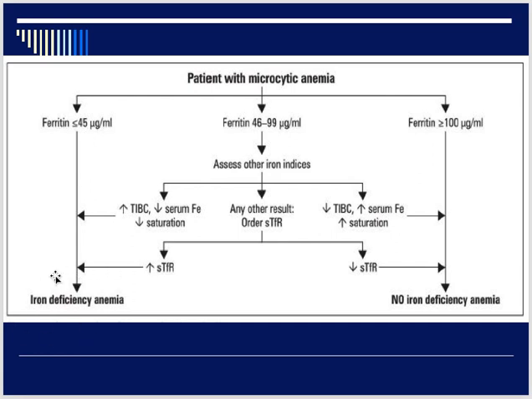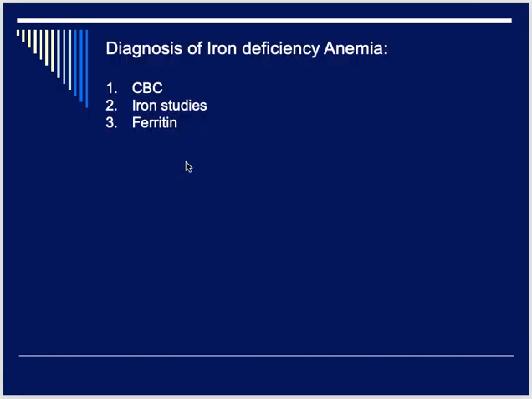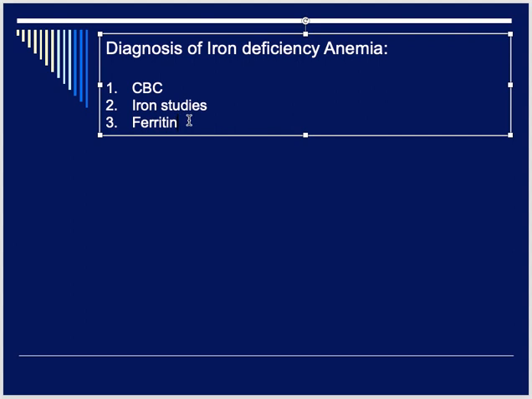But it is not always the case, because sometimes the level comes back as 46 to 99. Then we have to check the other indicators for iron deficiency anemia. But if the ferritin level is coming back as more than 100 microgram per milliliter, of course iron deficiency anemia can be ruled out. So very low ferritin levels are the diagnosis of iron deficiency anemia. But there is one issue in this.